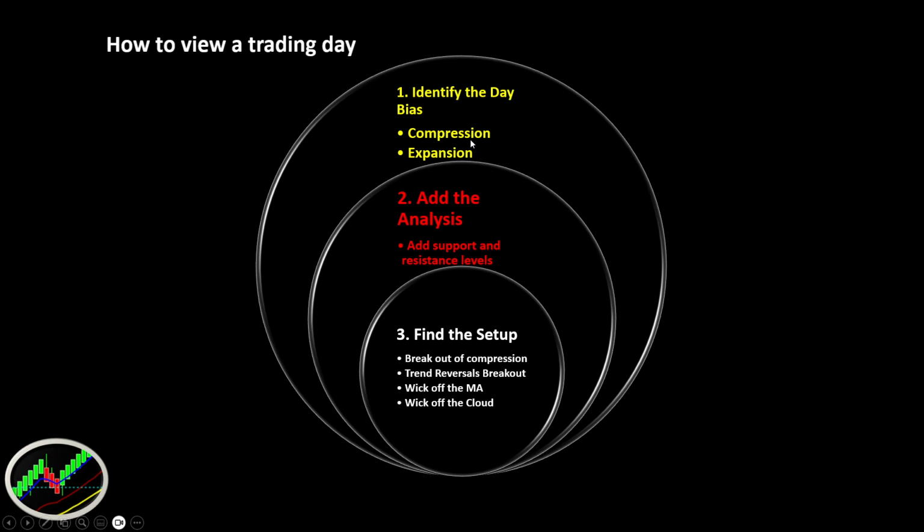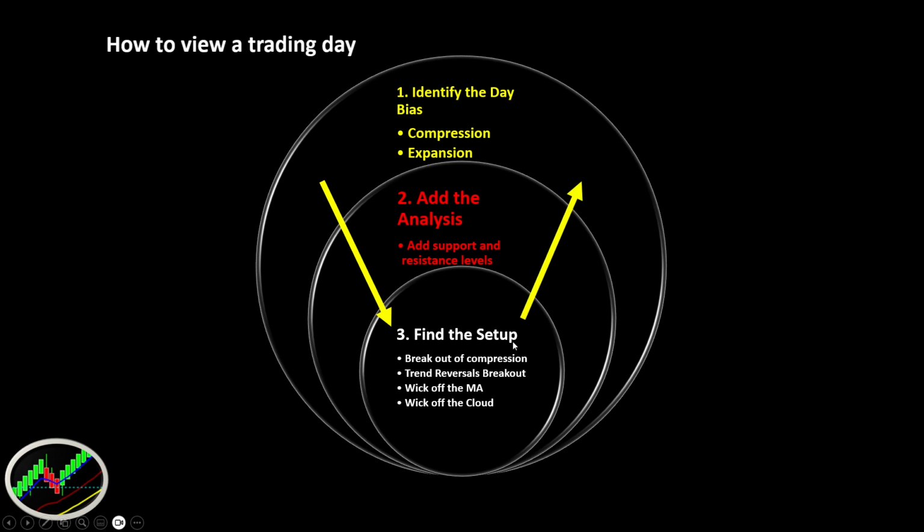Again, from the top: identify the day, check what areas I'm going to look for setups, in this case the upper channel, and then the setup itself, which is a weak-off of the 34 EMA moving average.